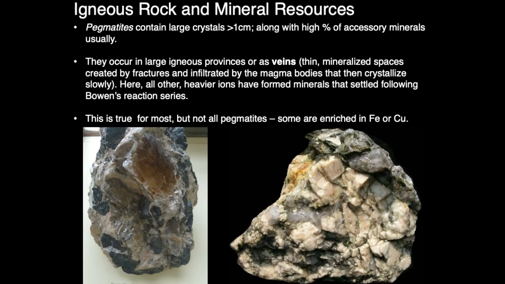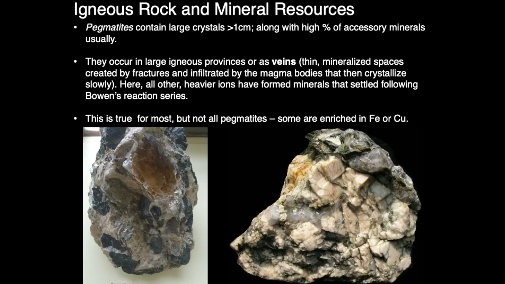Therefore, knowing how and where these important materials are likely to be concentrated is vital to our well-being as a species. Table 4.1 in your book is a great summarization of the occurrences of these metallic minerals, and you'll see that many of them are caused by igneous processes, so I encourage you to check it out.